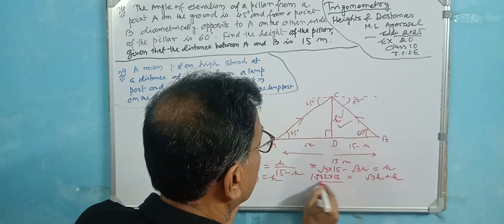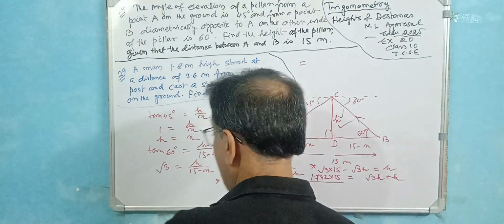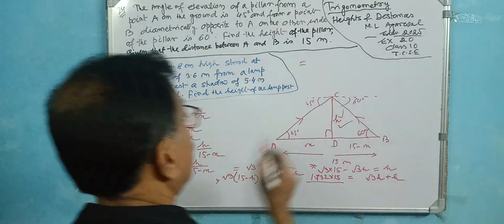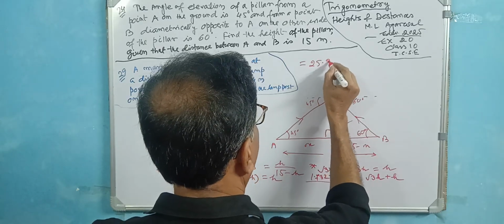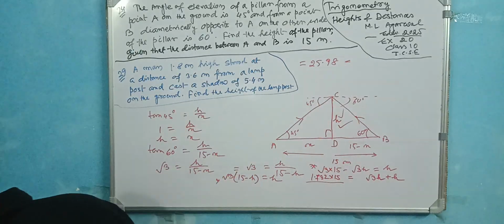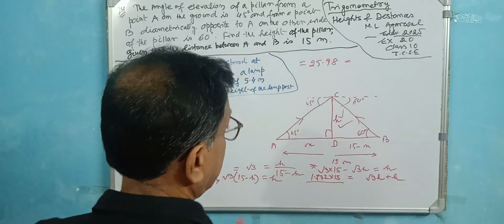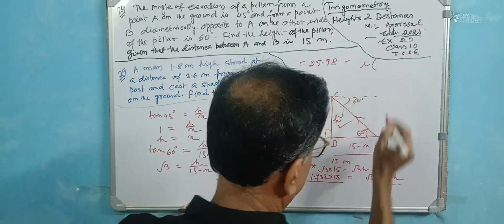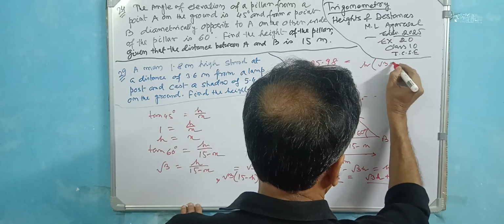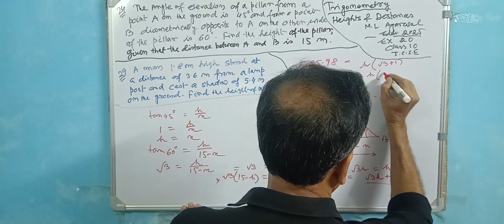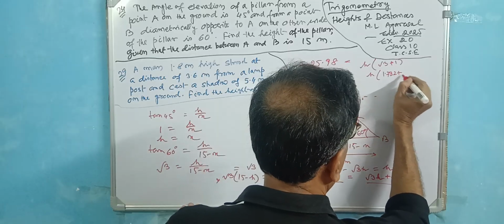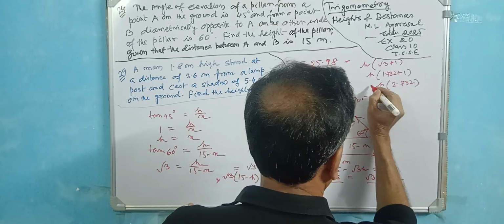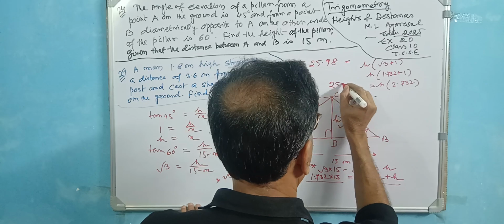With h common, h into root 3 plus 1, that is 1.732 plus 1, so 2.732 h is equal to 25.98.